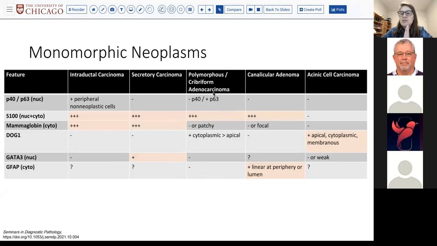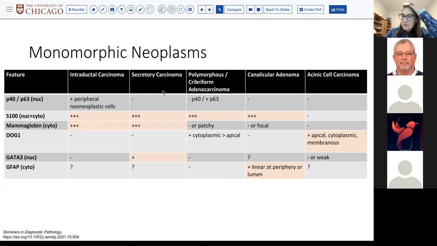So please don't just do a P63 and call it a day, because you'll go down the wrong path and say, oh, this is a pleomorphic adenoma when it is in fact not. And so I love P40 for this differential diagnosis. And so all of these on this page, the monomorphic neoplasms, are P40 negative. That's with the exception of an intraductal carcinoma that is theoretically contained within a duct, so it'll have that P40, P63 positive outer layer. But as you can see, many of these are diffusely strongly positive for S100.